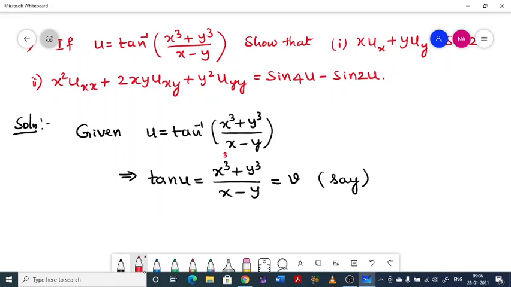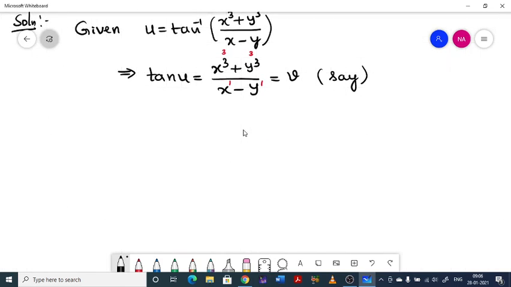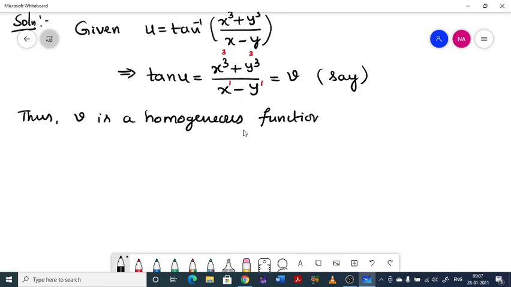Numerator has degree 3, denominator degree 1. So v is a homogeneous function of degree 3 minus 1, that is degree 2.